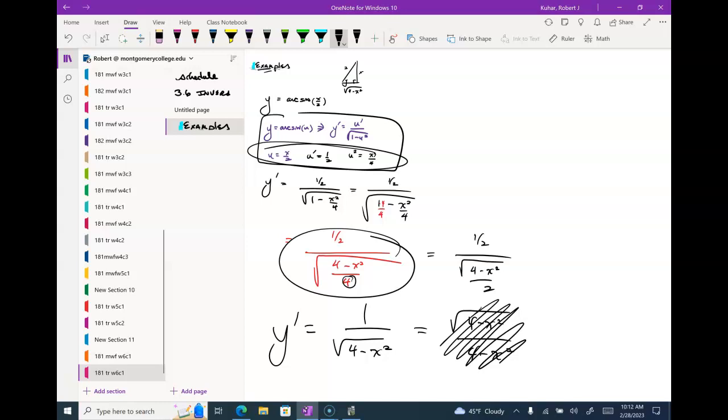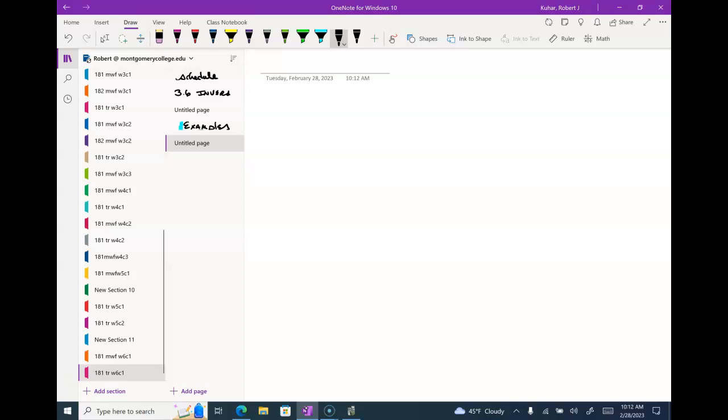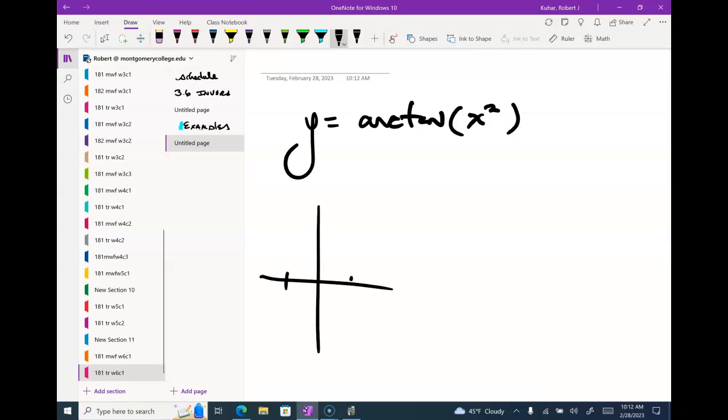Ready? Next one. We did this one last class, but I want to do it again anyway. I've got y equals the arctan of x squared. You know what the tangent function looks like. When you took pre-cal and you did all that graphing of trigs, you also learned how to do an inverse function, which means I change the x's and y's.